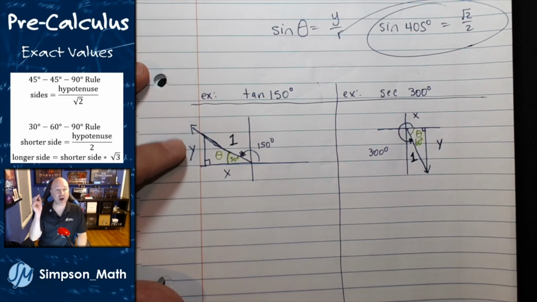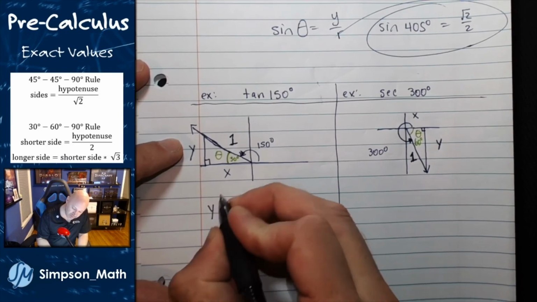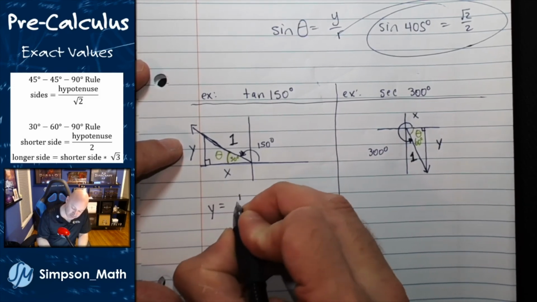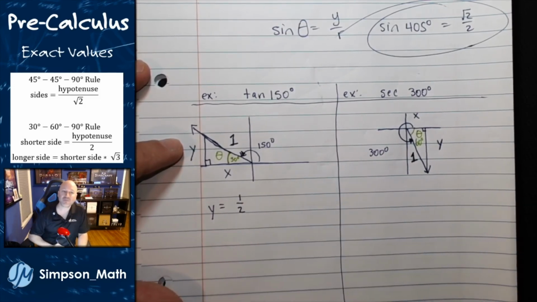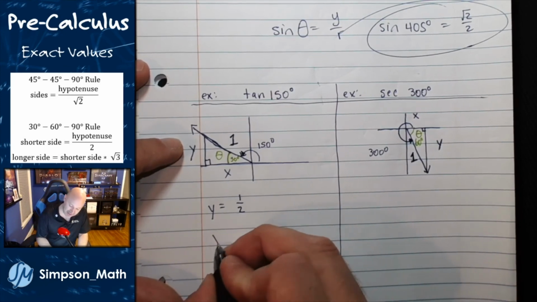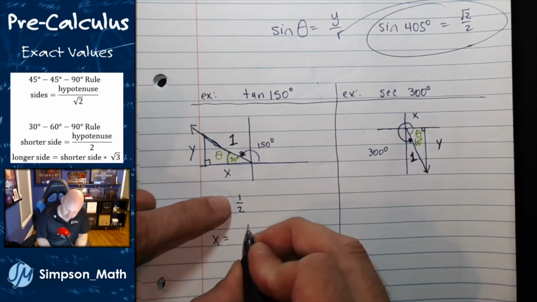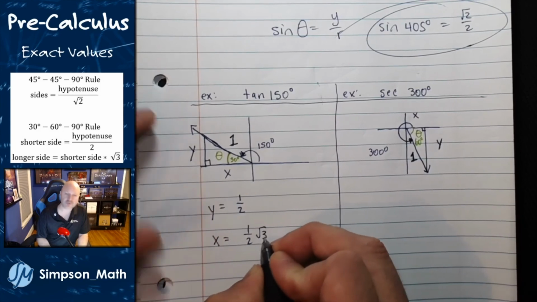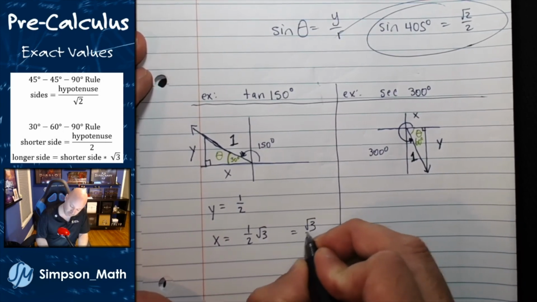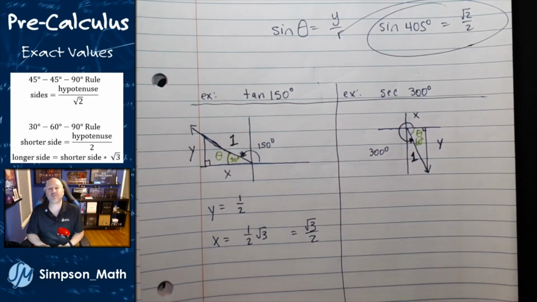The shorter side y will be equal to the hypotenuse cut in half. So in the first example, y is equal to 1 over 2. Then the longer side length x is equal to that shorter side times the square root of 3, which I'm just going to call the square root of 3 over 2.